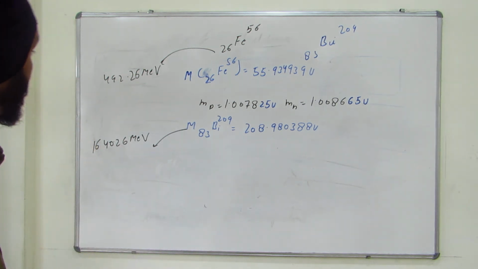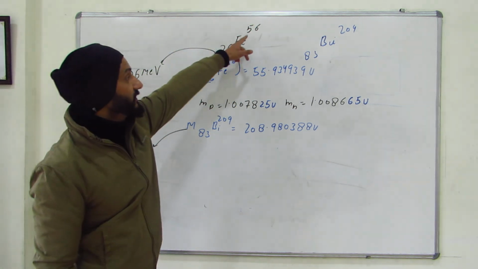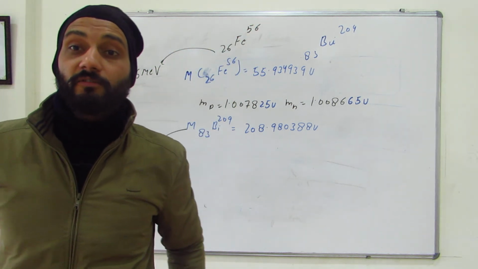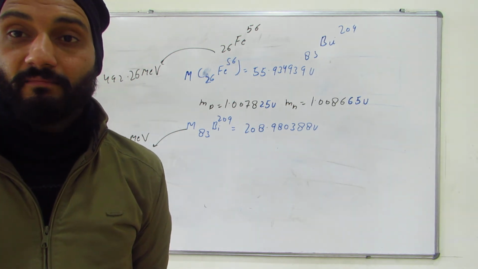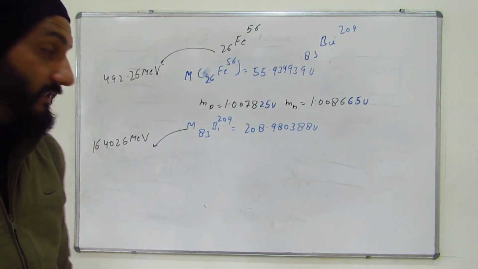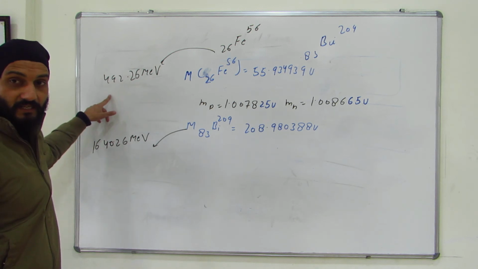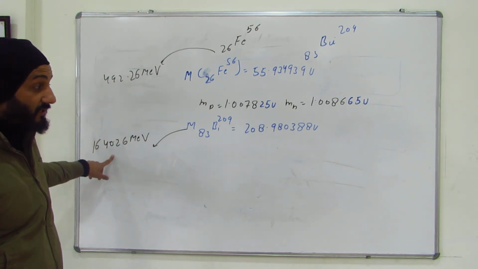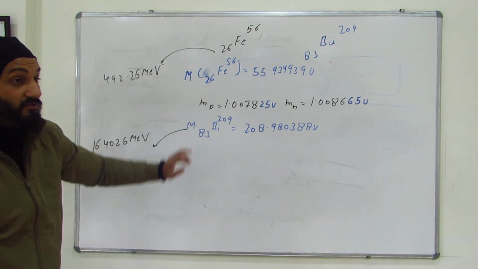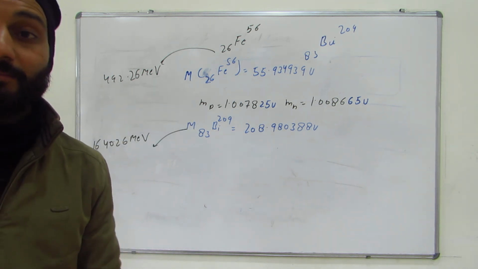Now what is that? How many nucleons are there? We know that the total number of nucleons is 56, which is represented by the mass number. Divide this by 56. Similarly, for the binding energy per nucleon for this, what are the total number of nucleons? 209, divided by 209.